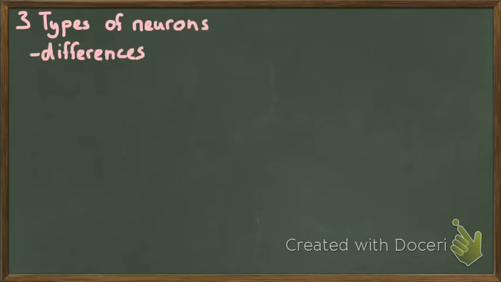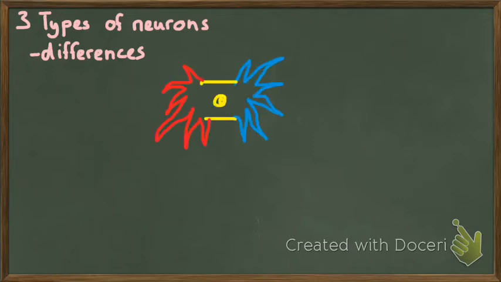The three types of neurons also have differences. So they have the common buildup, but they have differences in this buildup. They also have differences in the location, but we'll get back to that in a later slide. So this drawing we've seen before, except to confuse you guys, I'm going to swap the direction around.